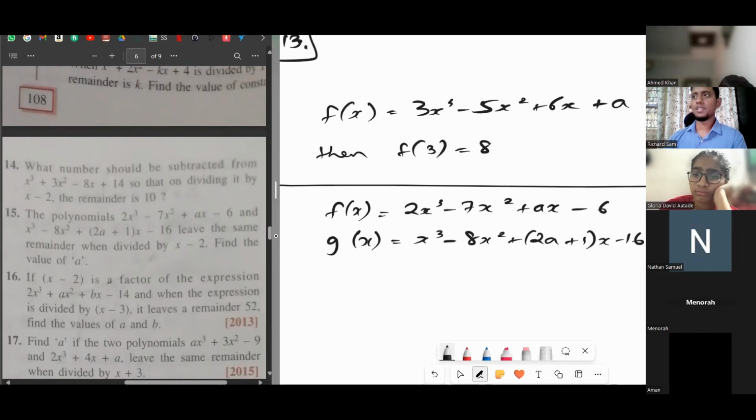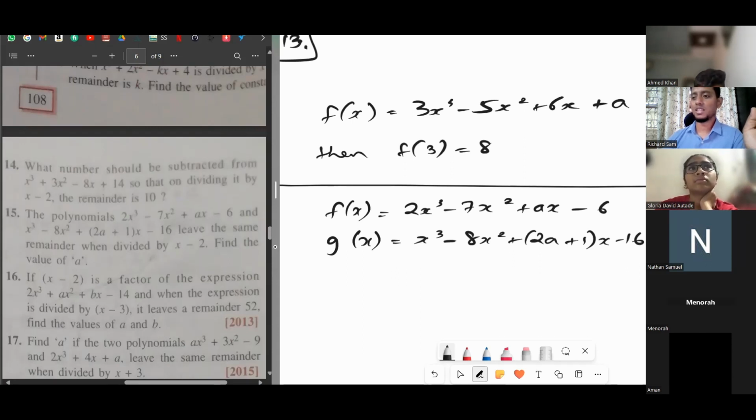Now, according to the remainder theorem, what is the remainder when you're dividing with x minus 2? For the first polynomial, the remainder is f of 2. For the second polynomial, the remainder is g of 2.